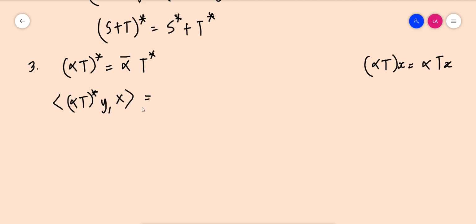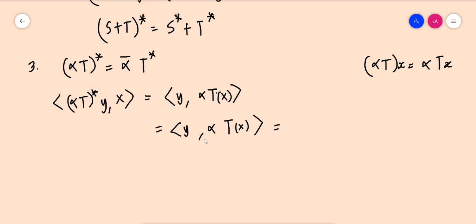This can be written as inner product y, (alpha T)x, because it is given that (alpha T) star is the Hilbert adjoint operator of alpha T. Now this can be written as inner product y, alpha times Tx.